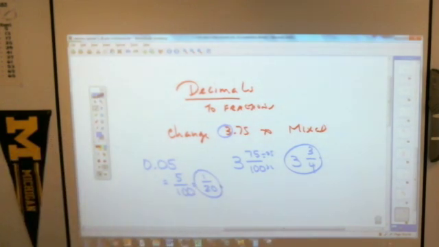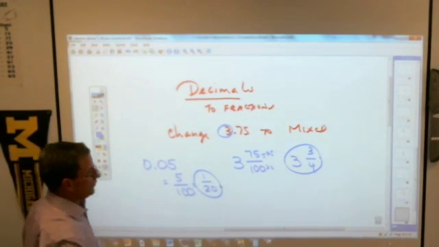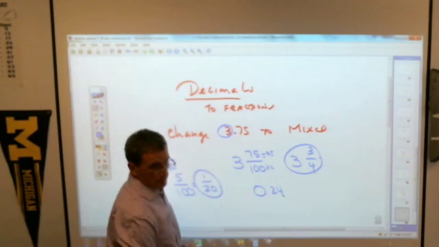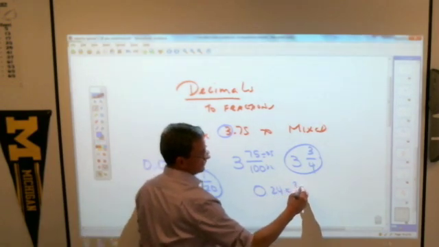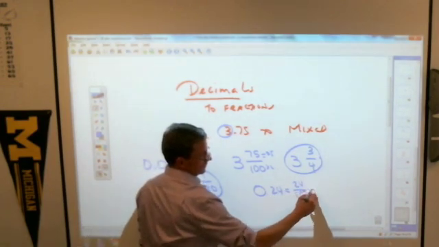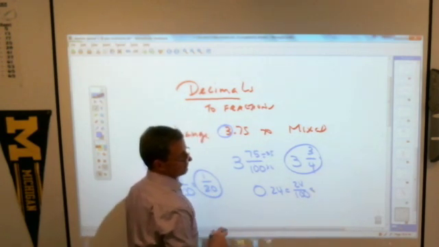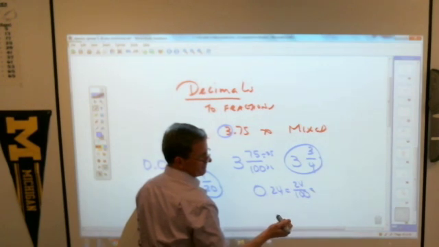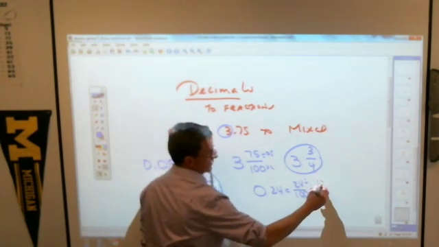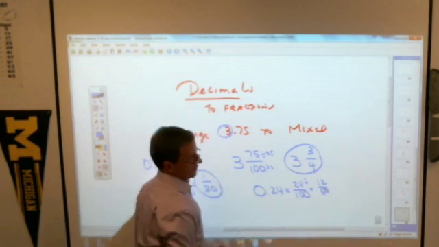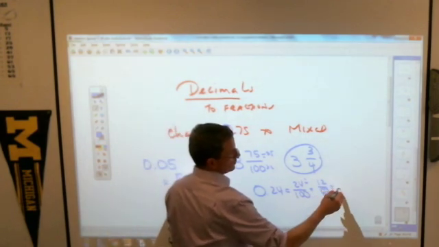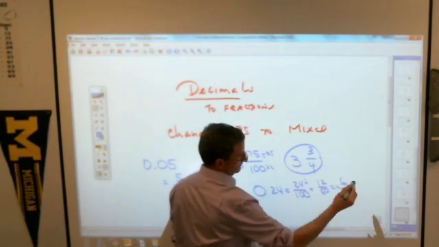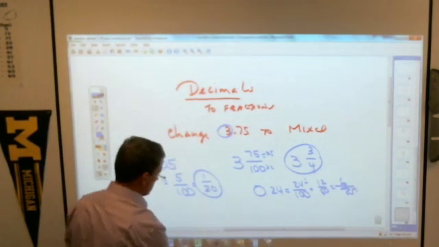What would be 0.24 as a fraction? 24 100ths, which can be reduced. Cut them both in half. You can still cut them lower than that. What number goes into 12 and 50? 2. 6 over 25.